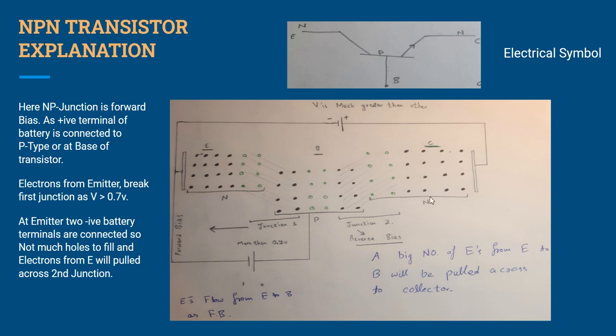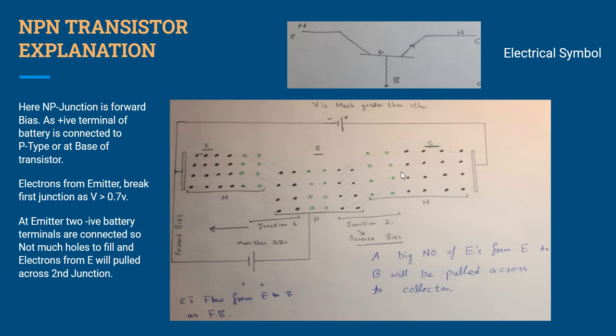Now what will happen? As we have connected the positive terminal of the battery to this N type, the positivity of this battery will attract these electrons in the N type towards this part.